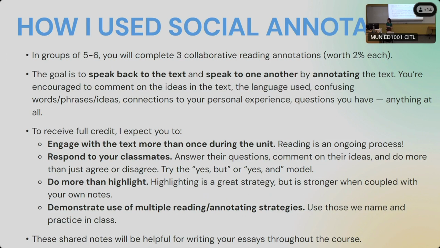So to receive full credit for each annotation, to get that full 2%, students were expected to engage with the text more than once during the unit. Again, we did 1 text per unit for all 3 units. So they had a couple weeks basically to engage and comment, respond to their classmates, respond to their own earlier comments for each unit.